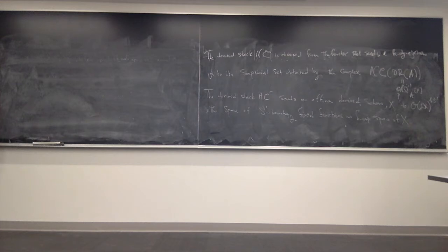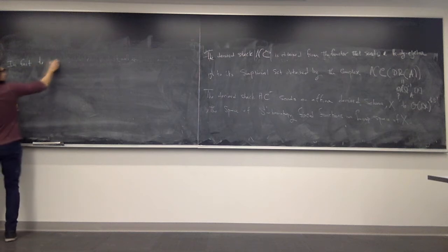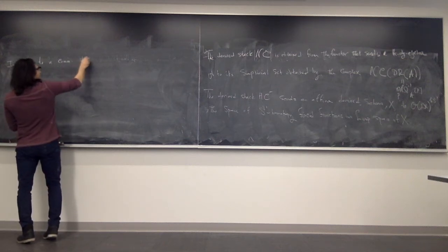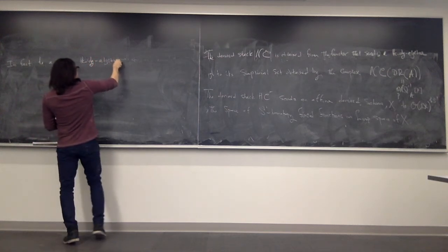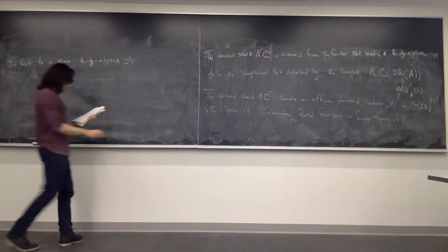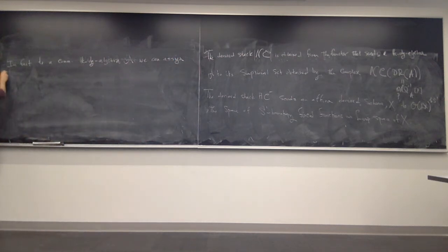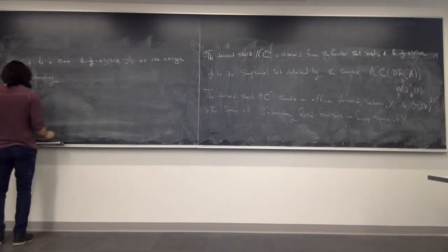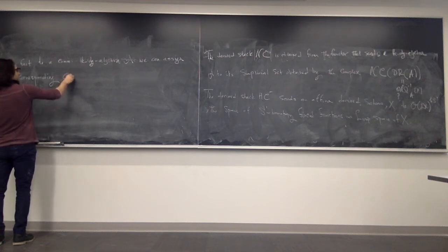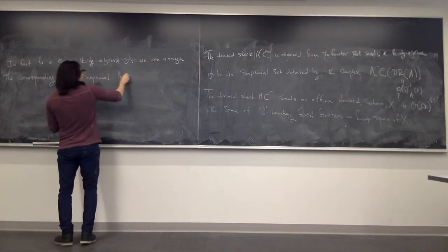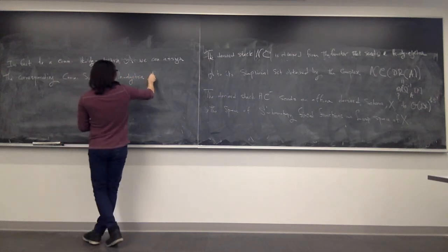And in fact, for a commutative KDG algebra, let's say A, we can assign the corresponding commutative simplicial K algebra. Let's call it A prime if you like.